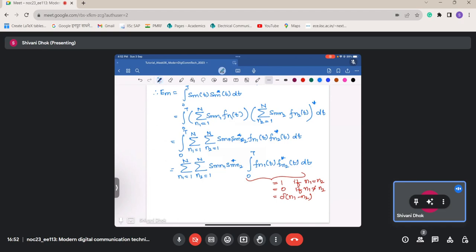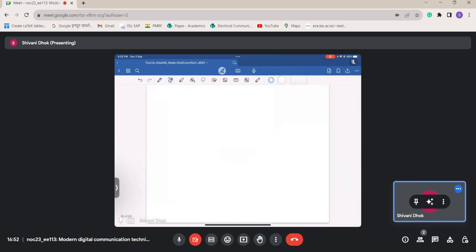So let me write it on the next page. Yeah, so this EM I can write as summation n1 equal to 1 to capital N, summation n2 equal to 1 to capital N, SMn1 SMn2 conjugate into delta n1 minus n2.